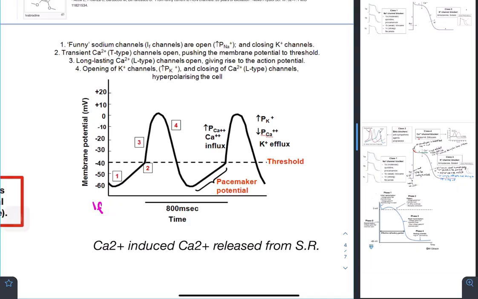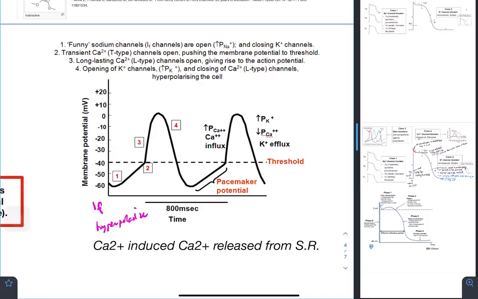It's funny, these sodium channels, because they are only activated when the cell is hyperpolarized. Normally when you hyperpolarize, you are not activated at all. For this reason, the action potential in the nodal cells is quite funny.